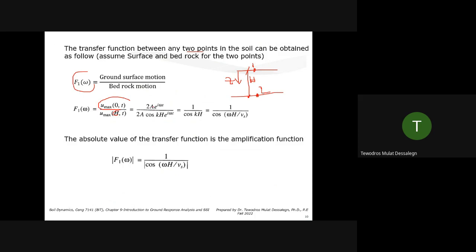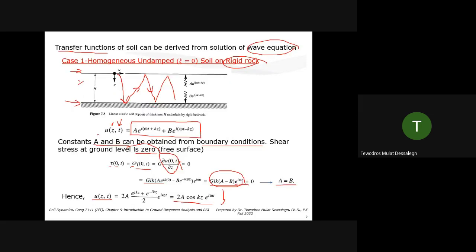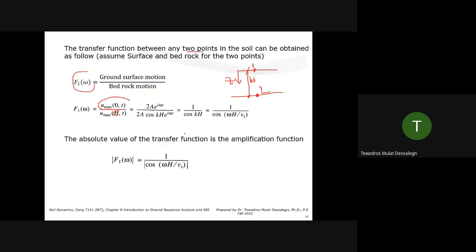If you do that, we know the displacement is this, and you can find the ratio. Transfer function is the ratio between 2 points. Because our goal is, we usually have the ground motion. If we know the transfer function, ground motion times transfer function will give us the ground surface motion. It's the simplest we can do in linear analysis.